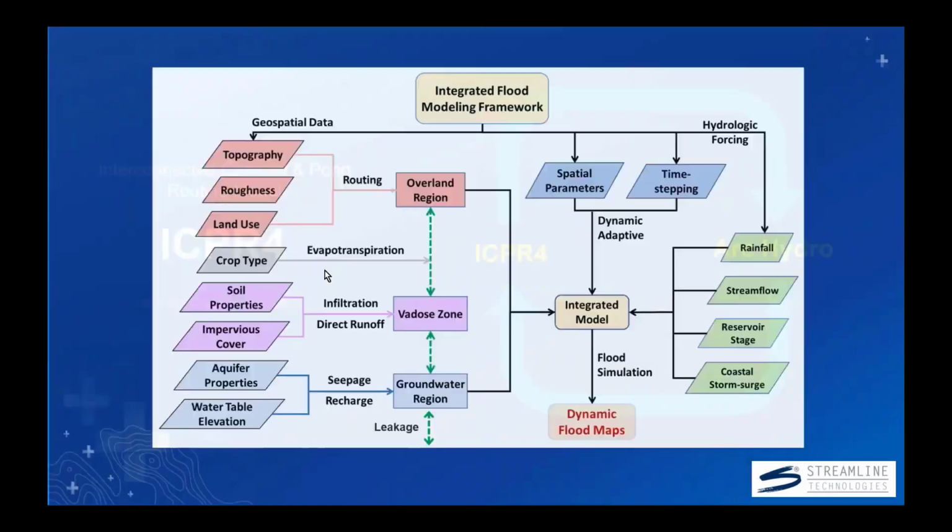Let's see. So ICPR4 is the 4th generation of the software, and it's evolved into an integrated flood modeling framework. And so we take a lot of different spatial data, and that spatial data is used to develop a surface portion of the model, and then other geospatial data is used for the groundwater modeling. And then other data is used for the unsaturated soil zone between the surface and groundwater.